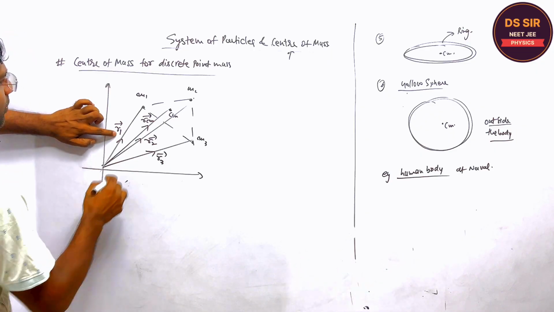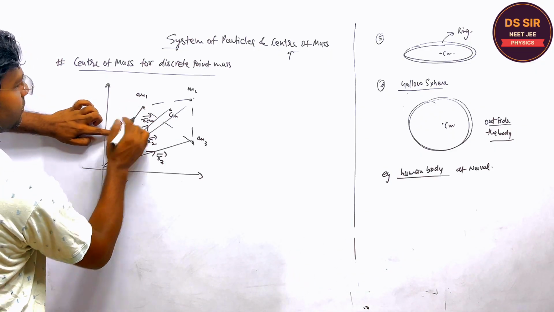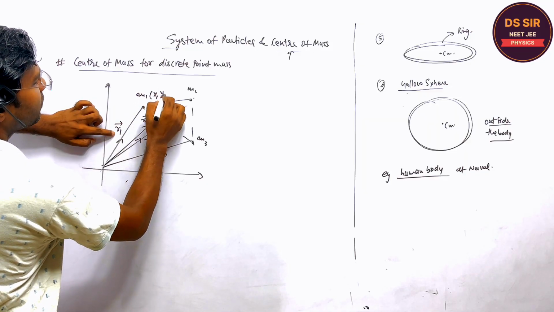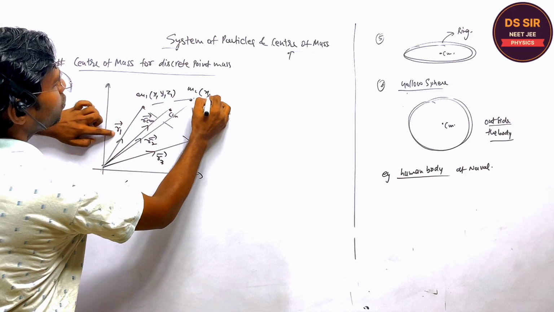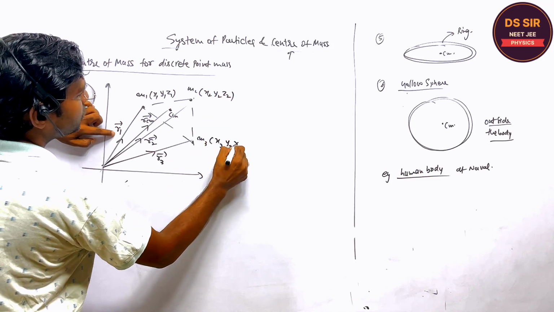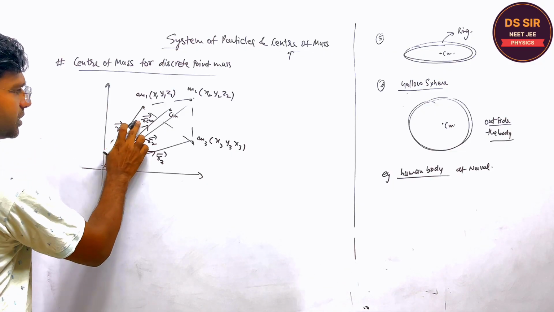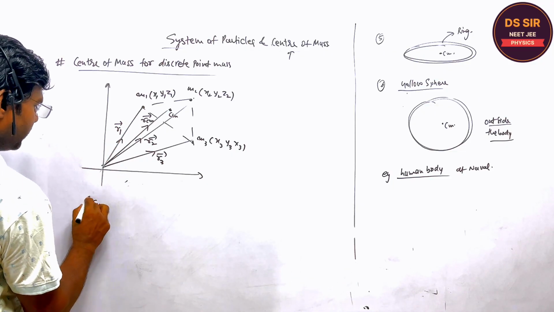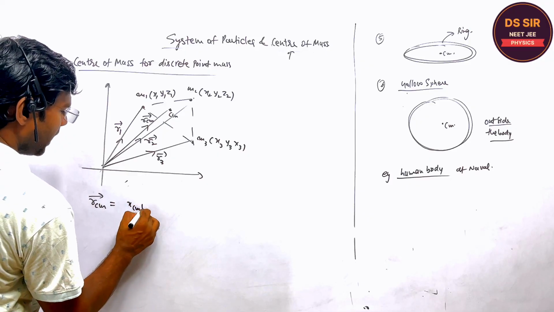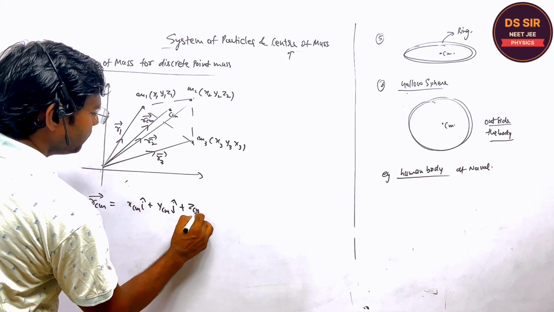The position vector R1 may be given by the coordinates x1, y1, z1, then x2, y2, z2, and x3, y3, z3. For the center of mass also, the RCM vector will be xCM i cap plus yCM j cap plus zCM k cap.